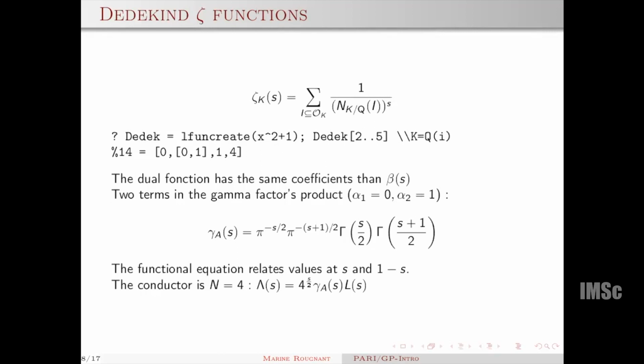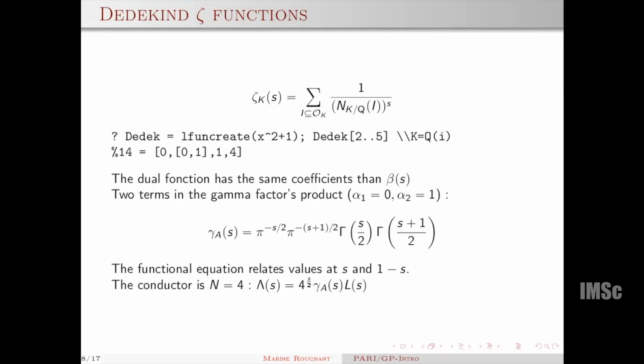Now, if you are interested in a number field, you can work with the Dedekind zeta function, which is here. Here, the sum is taken over all the ideals of the integer ring. To define the Dedekind zeta function, you just give the polynomial that defines your number field. Here, my number field is Q(i).